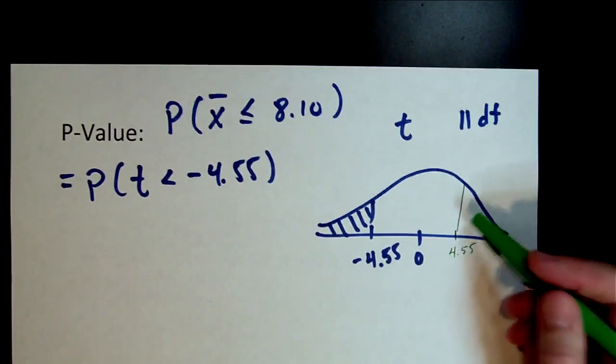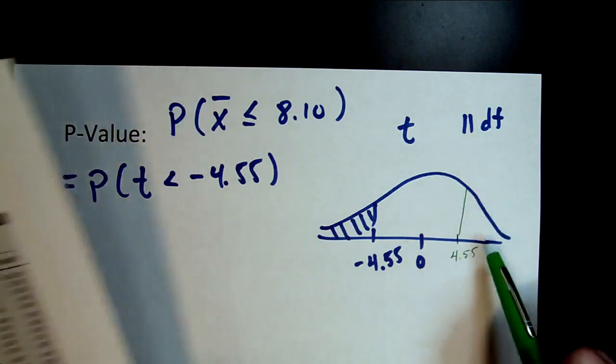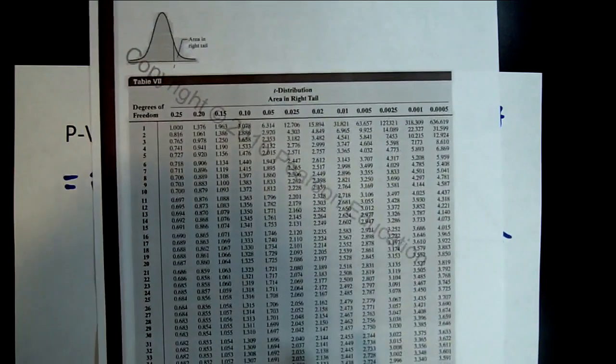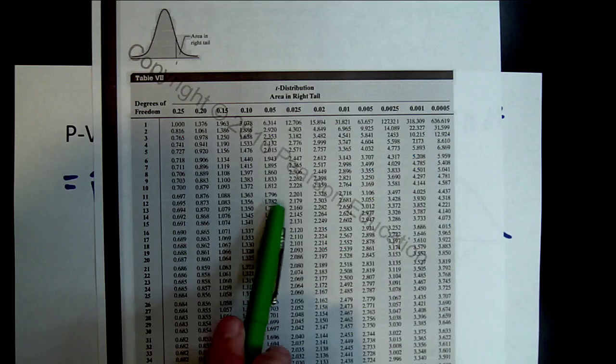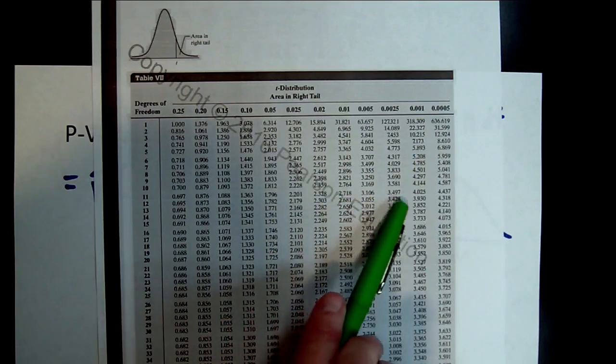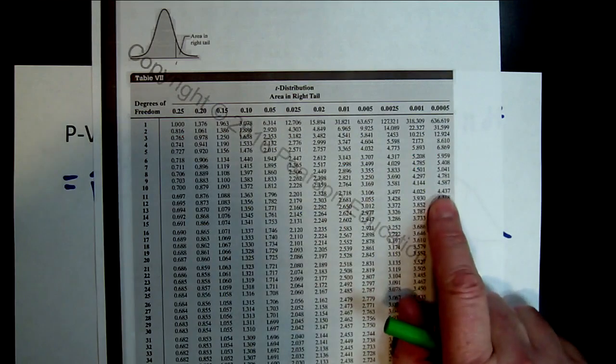So let's give a try using the table to find that area. So 11 degrees of freedom, 4.55. So 11 degrees of freedom is here. I'm looking for something as close as possible to 4.55. The closest I see is 4.437.